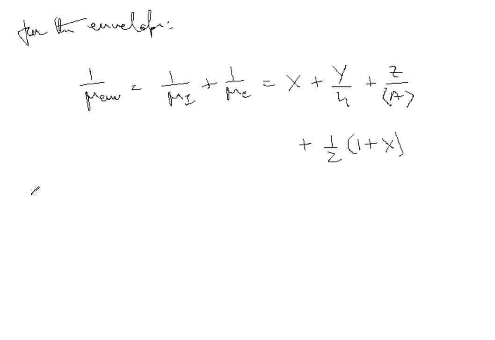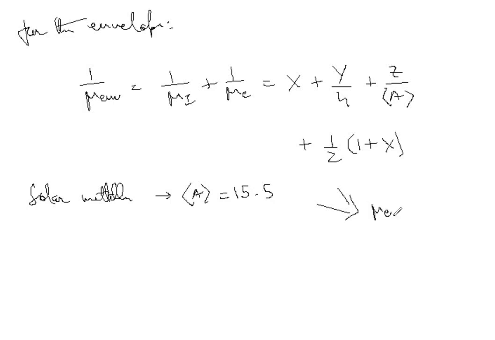Now solar metallicity has an A average of, you must remember this value, 15.5, and so if you put in all the values, you will see that we get mu envelope is equal to 0.618.